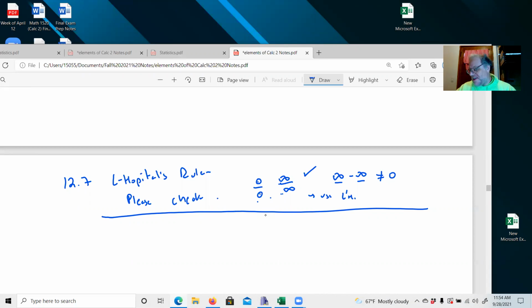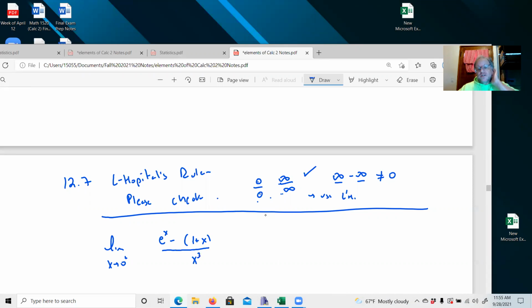All right, so let's go ahead and do a couple of examples here. What do we have here? We have the limit as x approaches 0 from the right of e to the x minus the quantity 1 plus x, all over x cubed.